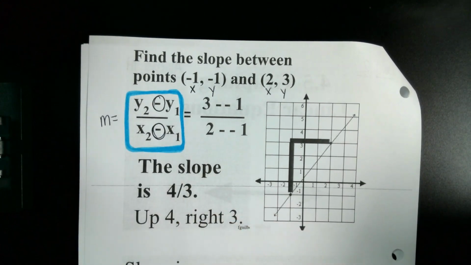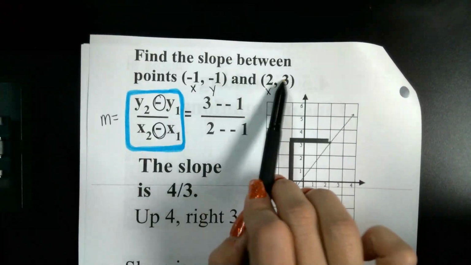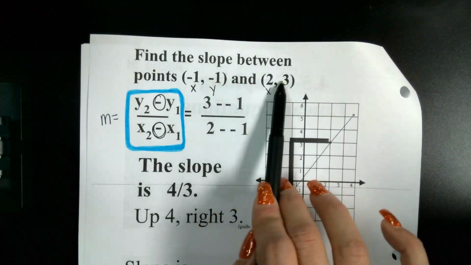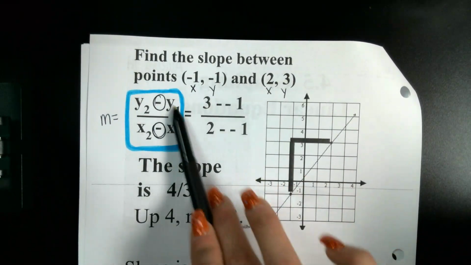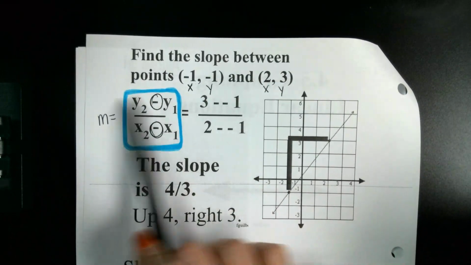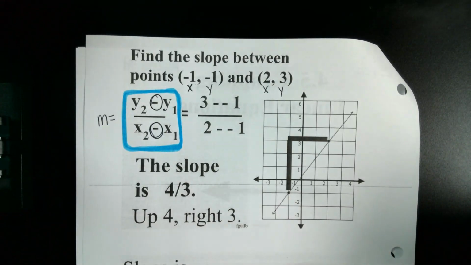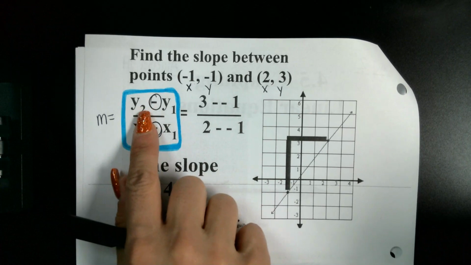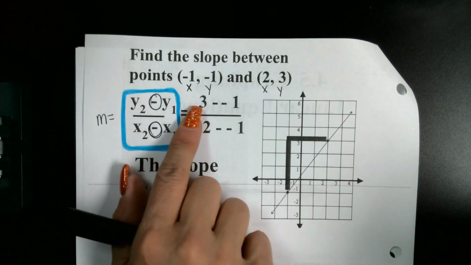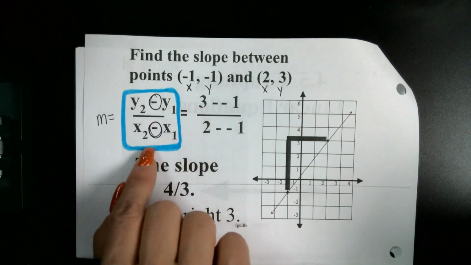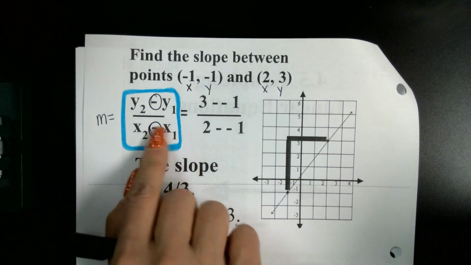One of the hardest things to remember when you're going back and forth between ordered pairs and slope is that in an ordered pair, it's x then y. But in slope, the y's go up top and the x's go on the bottom. Now, if you look at that formula, it says the second y value minus the first y value on top, and then the second x minus the first x.